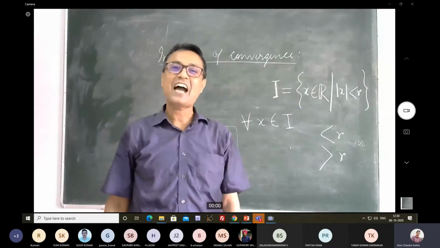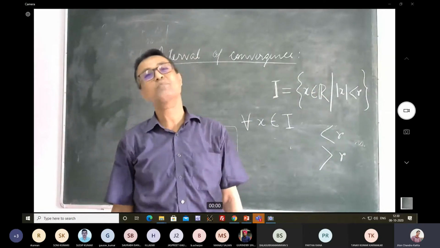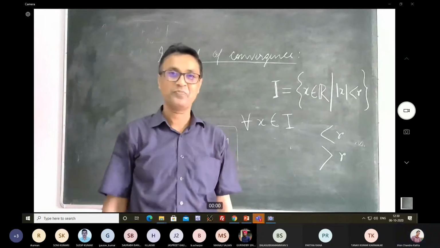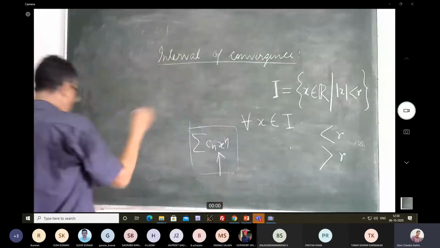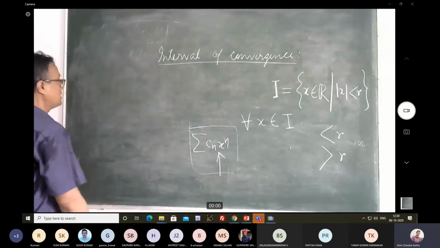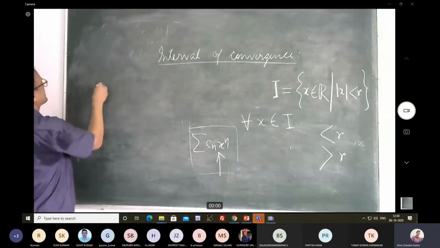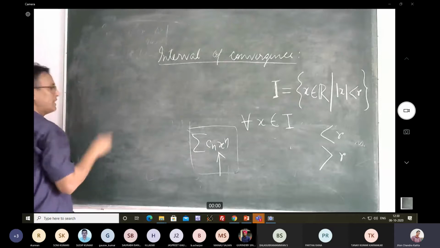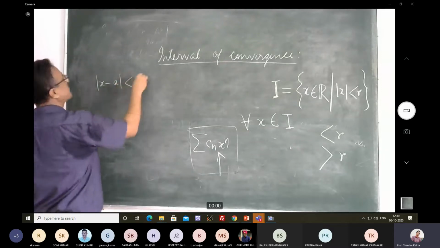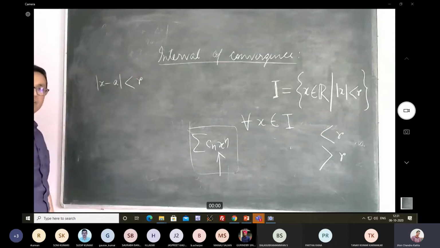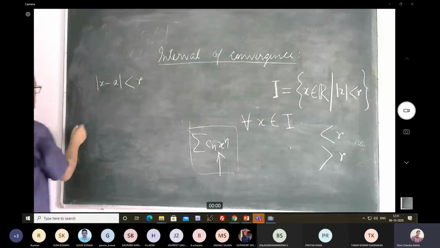Okay, I didn't say what is going to happen when it becomes exactly equal to R, right? I didn't say anything about that. And again, as I have told you, if my infinite series is centered at, say, A, then the radius of convergence is going to be defined in terms of something like this.